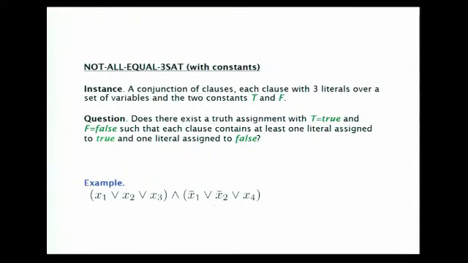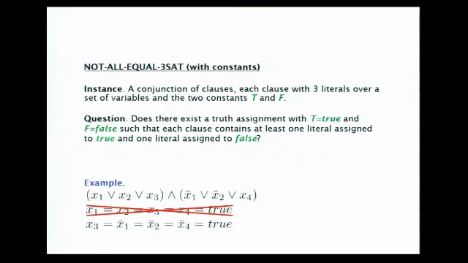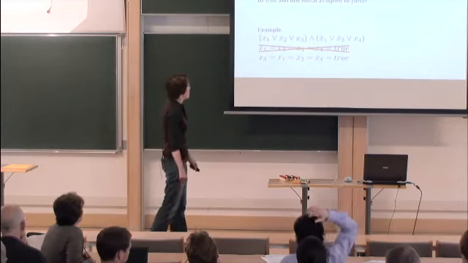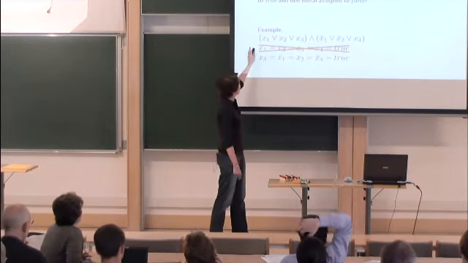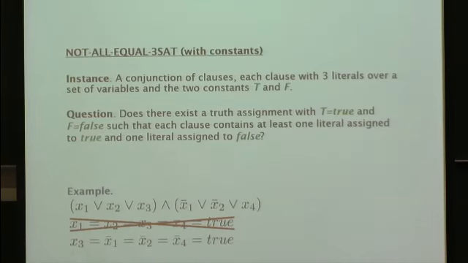So continuing with the same example that I showed you before, and the same 2 truth assignments, we can now see that the first truth assignment, which was valid under 3-SAT, is not valid under not-all-equal 3-SAT, because x1, x2, x3, and x4 are set to true, so no literal in the first clause is set to false.